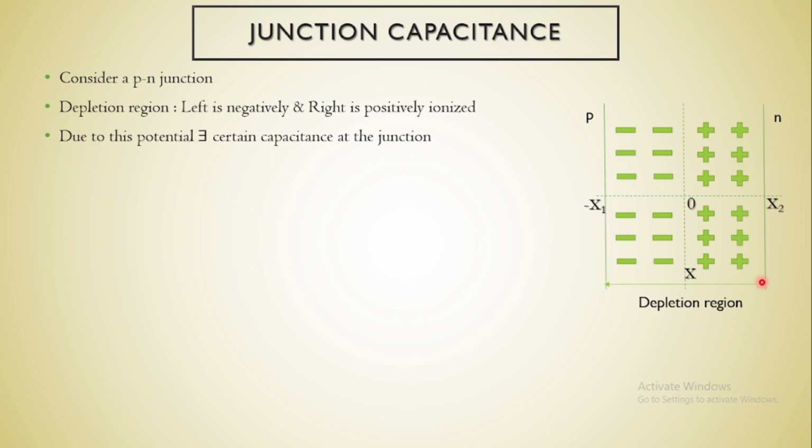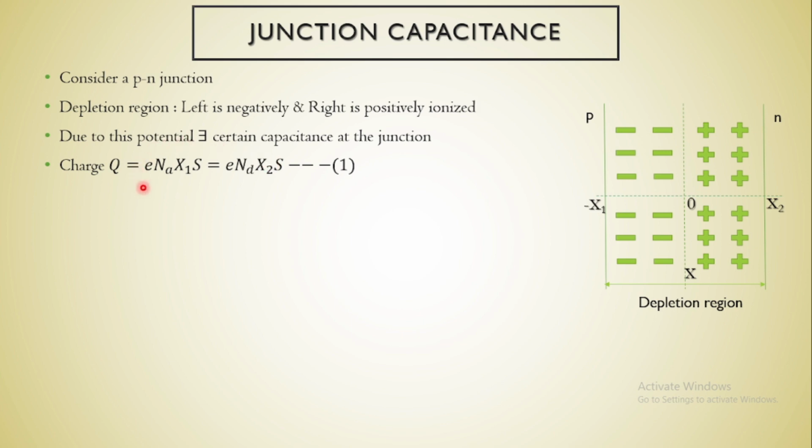So what is the amount of capacitance? Let us derive now. And for that, let us consider the charge as Q, and the charge Q can be given as Q is equals to e Na x1 into S, or even we can say e Nd x2 into S. So we are calling this equation number 1.